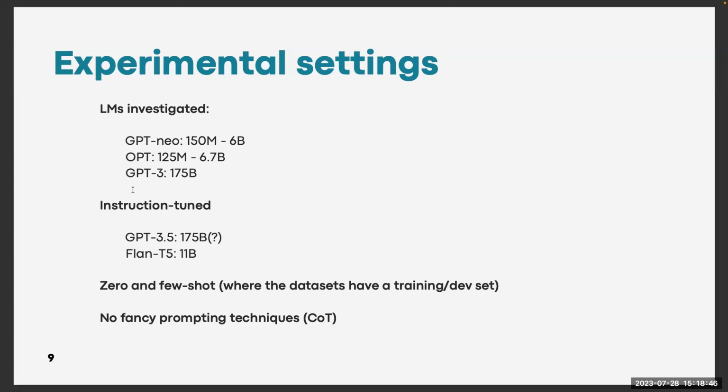For closed source models, I use GPT-3 and GPT 3.5, which is Text DaVinci 003. If you use the OpenAI API, then this refers to that model. I also experiment with another open source model, Flan T5, to show the effect of instruction fine tuning on the ability of the model to understand negation.